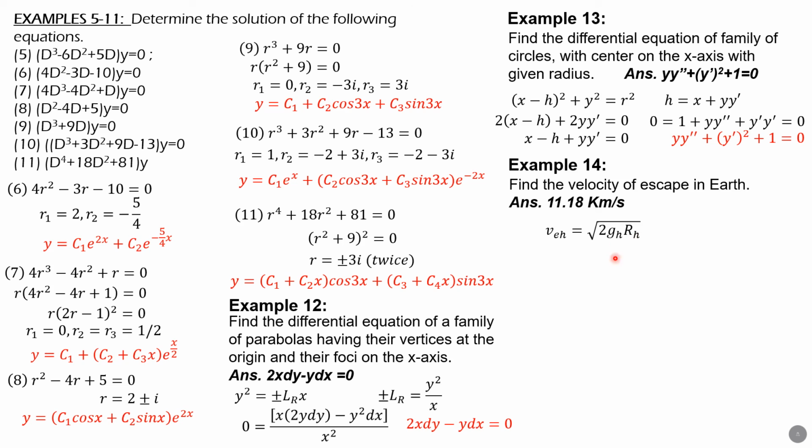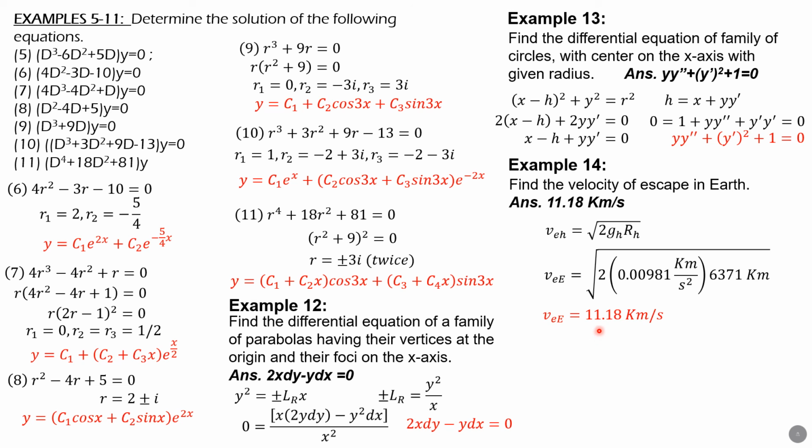While the radius of the Earth from spherical trigonometry or from your surveying is 6,371 kilometers. So square root of 2 times 0.00981 kilometer per second square times 6,371 kilometers. So using your calculator, the velocity of escape is 11.18 kilometers per second.